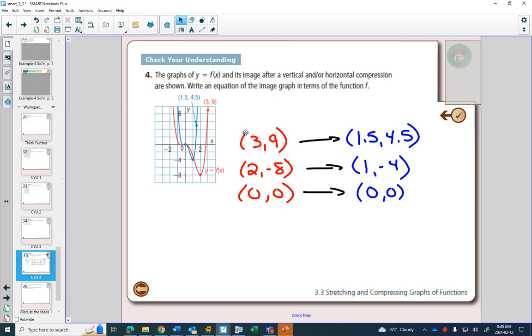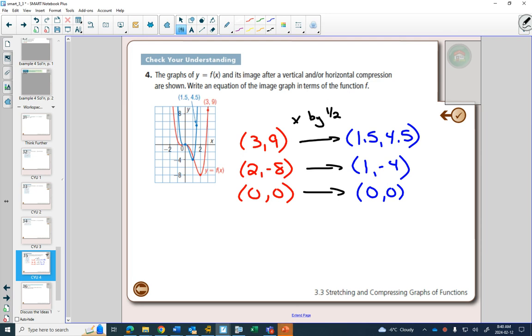So let's look at our x values first. 3 changed to 1.5, 2 changed to 1, 0 changed to 0. Can you see a pattern happening here? What happened to our x values? Our x values got multiplied by a half. Okay?